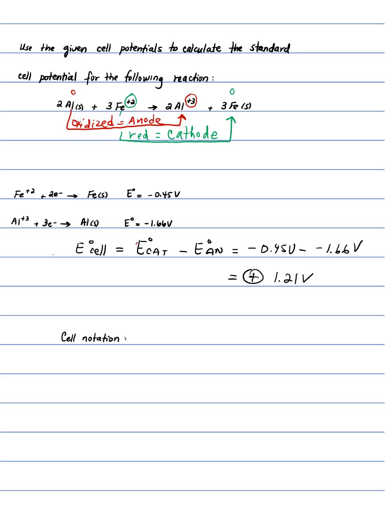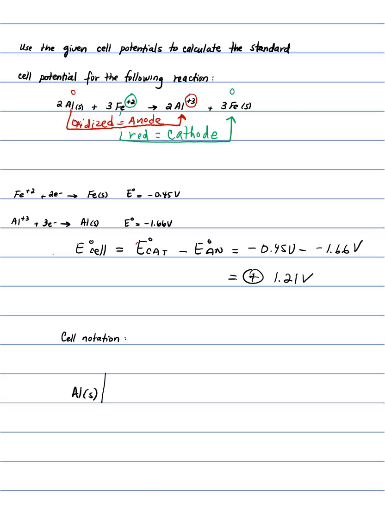We start with the substance that is being oxidized. So looking at your reaction, what is being oxidized is aluminum solid. Your aluminum solid is being oxidized to aluminum plus 3. So I start in my cell notation with what is being oxidized, and that's the aluminum solid.